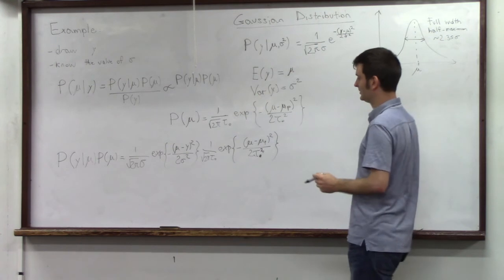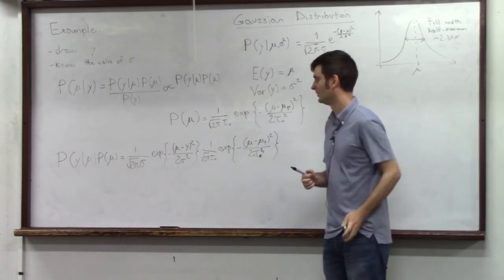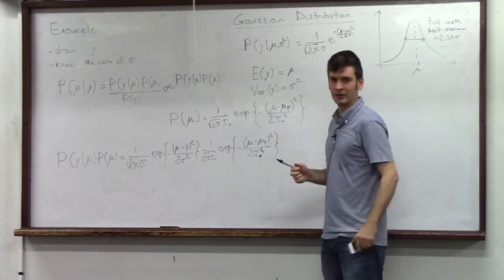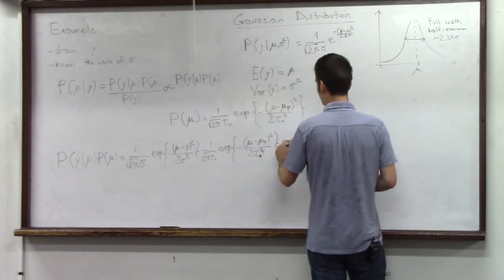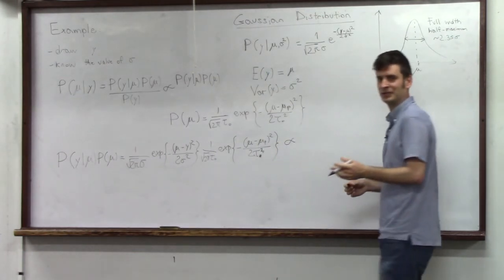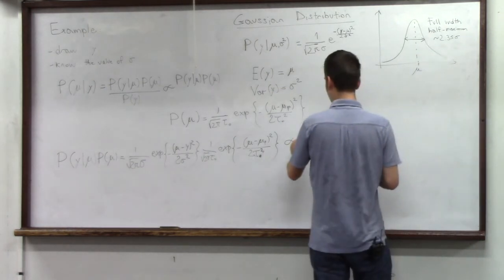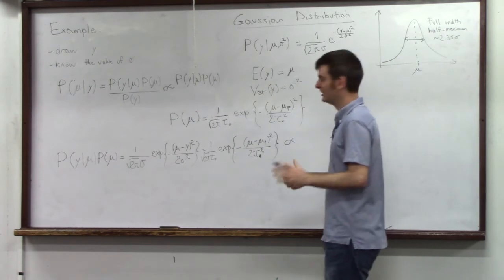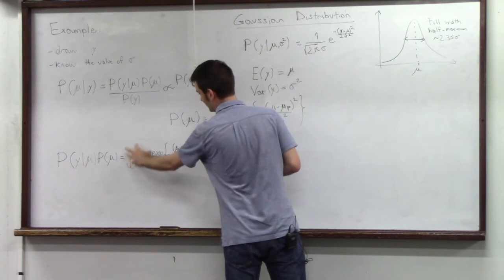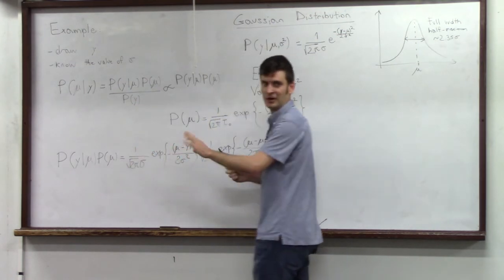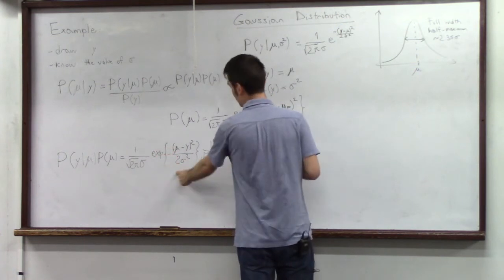But in this case, it turns out we can further simplify this expression, and I'm not going to do that in the interest of time, but it can be shown that this is proportional. The product of Gaussians is proportional to a Gaussian. And the way to see this is, first of all, the terms in front are just constants as far as we're concerned. So everything that matters is in these exponentials.